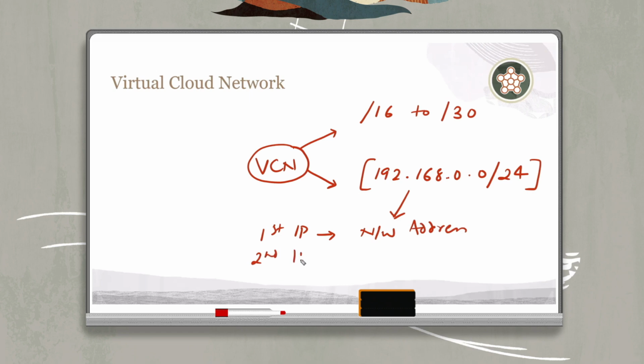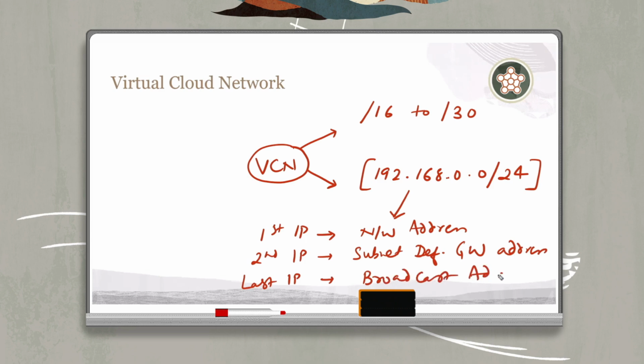The second IP is going to be the subnet default gateway address. And the last IP is going to be the broadcast address. And these IPs are reserved.